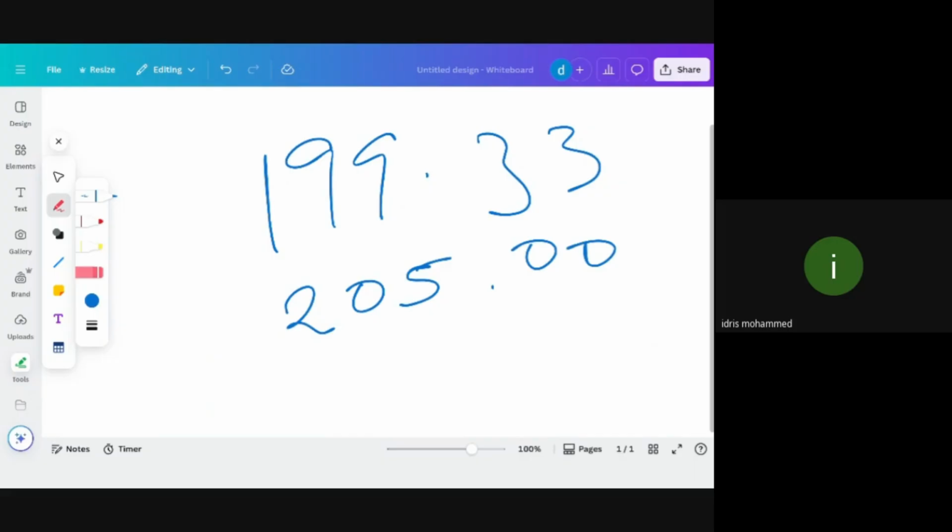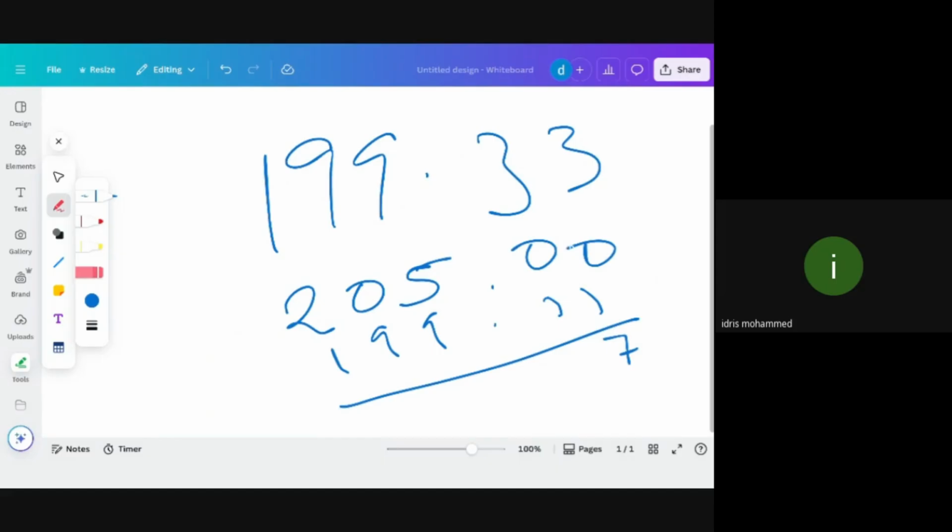So 205 from 199. Wow. Calculator. That's about, I think, 567.